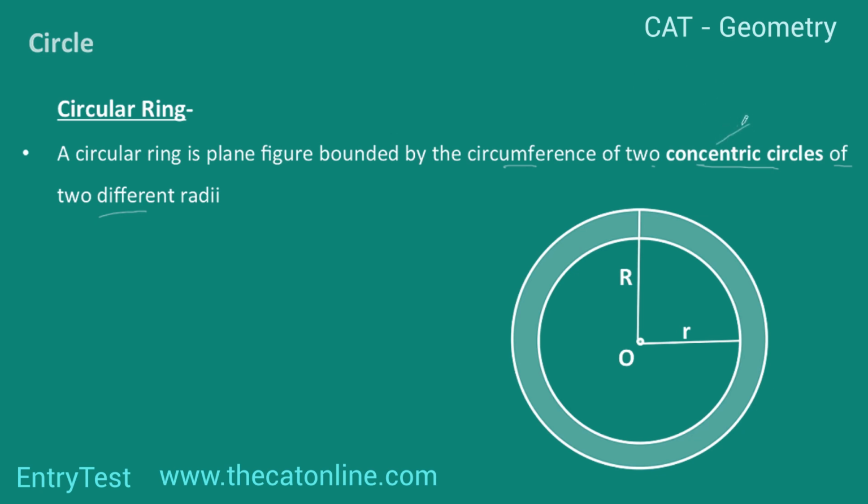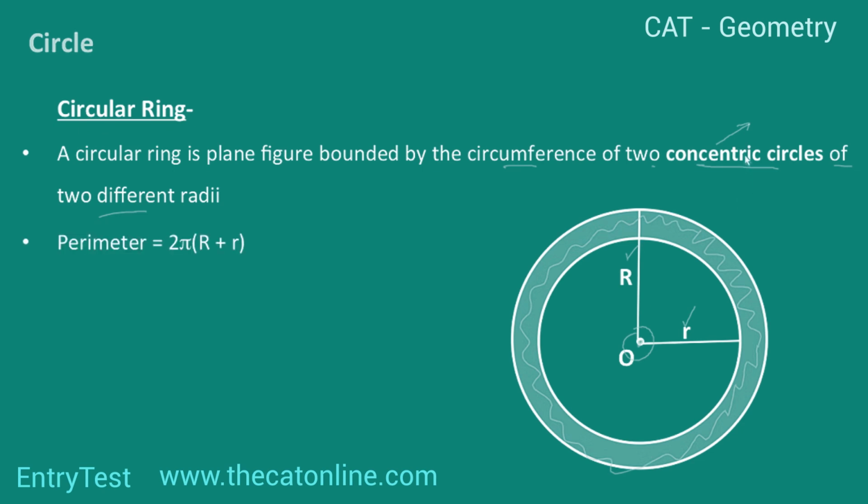Two circles with the same center are known as concentric circles. Their radii being different but their center being the same, they are referred to as concentric circles. So a circular ring is a plane figure which is formed by two concentric circles of different radii.